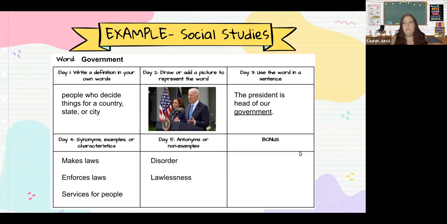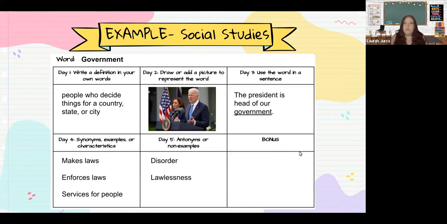In this case, the students chose a picture of Joe Biden because to them, he represents our government. The sentence is, the president is head of our government. And then some synonyms, examples, or characteristics for day 4. They wrote makes laws, enforces laws, and services for people. So those are things that our government does. Some antonyms that they chose, and we use a thesaurus for this: disorder and lawlessness.